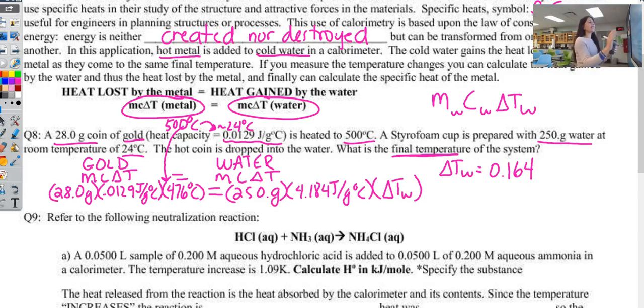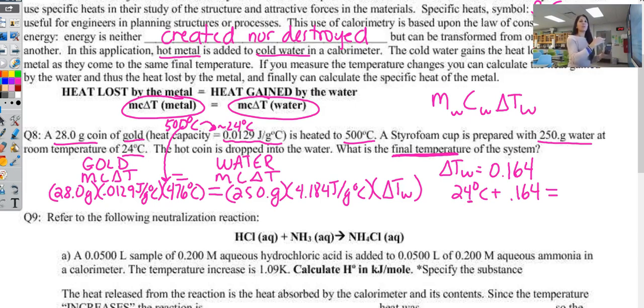Okay, but this isn't really the answer because it wants to know what the final temperature is of the system. So I know that the original temperature of the water was 24 degrees Celsius. So all I need to do is take my 24 degrees Celsius and add this 0.164. Now, based on our sig figs, I can't go any further than my ones place in reality, okay?